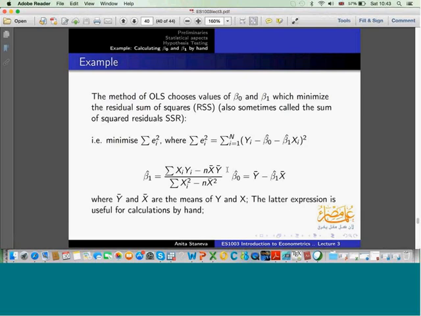And we derive, actually I'm not showing the derivation of beta 1 hat and beta 0 hat, but these are the formulas that we can use to calculate our estimated coefficients by hand. Where y bar and x bar are the means, and the latter expression is useful to calculate the betas by hand.